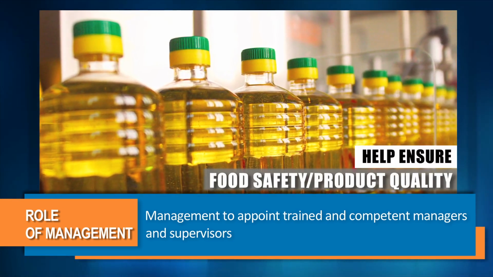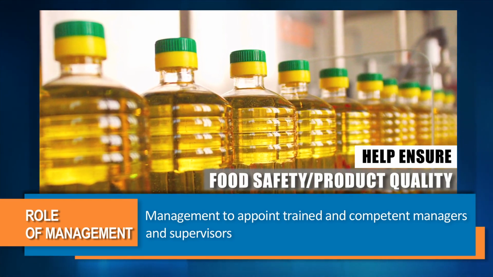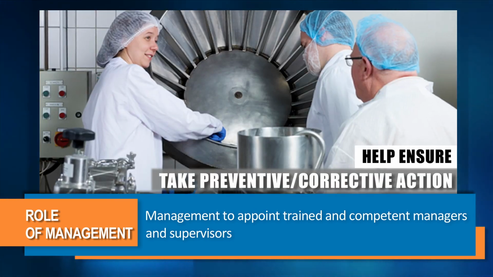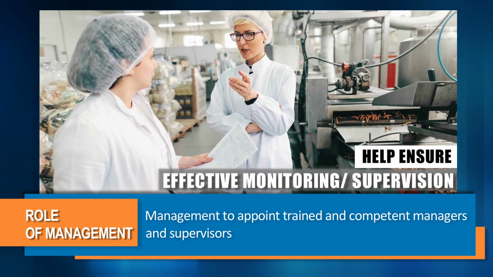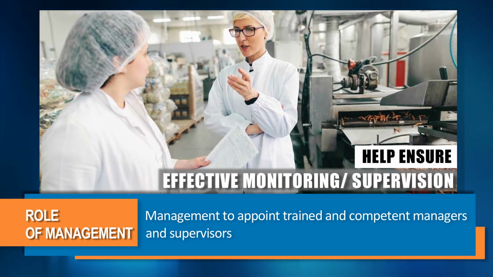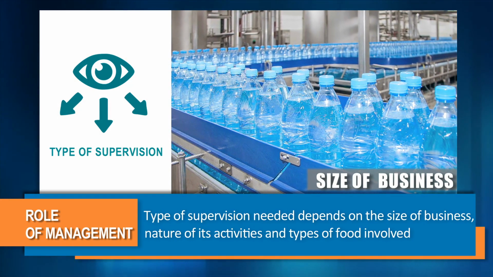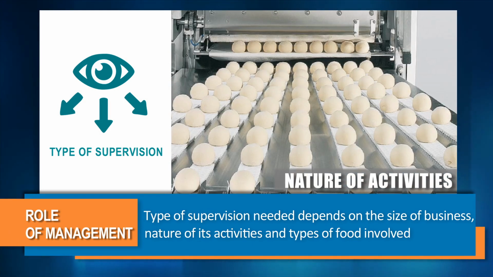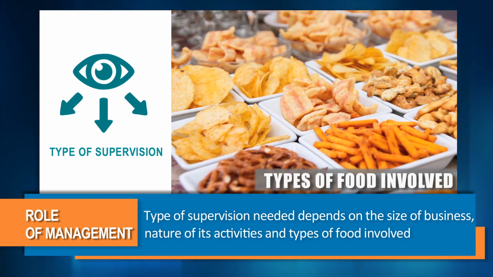They will help ensure food safety and quality of its products, judge food hazards, take appropriate preventive and corrective action, and ensure effective monitoring and supervision. The type of supervision needed will depend on the size of the business, the nature of its activities, and the types of food involved.